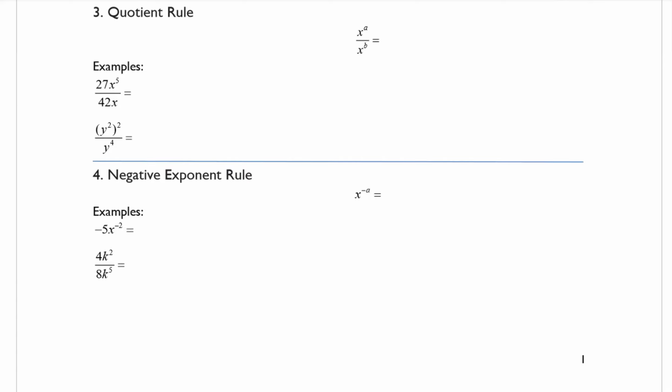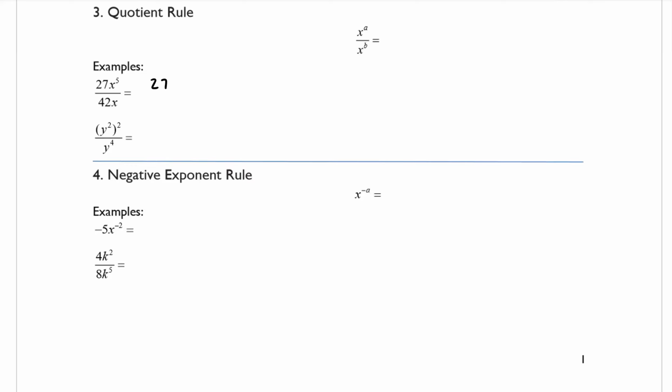All right, let's move on to the quotient rule. So the quotient rule applies when we are dividing different things. So we want to simplify 27x to the 5th power divided by 42x. And note here that we also want to simplify the numeric values, not just the variables.